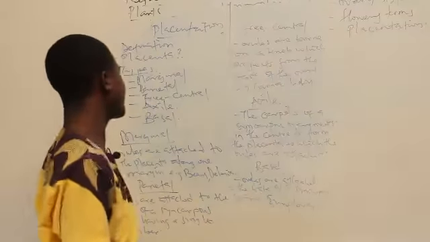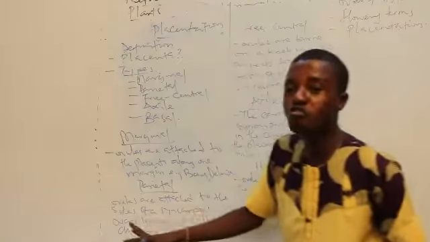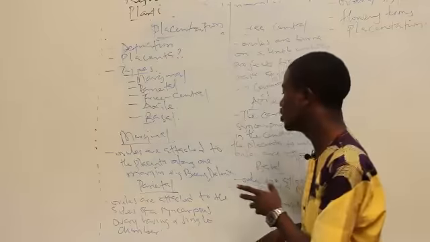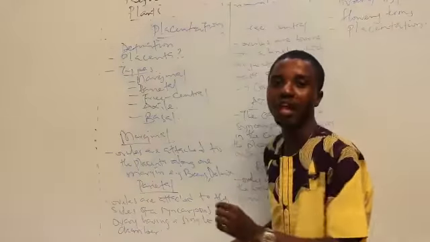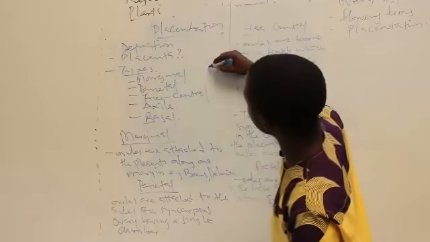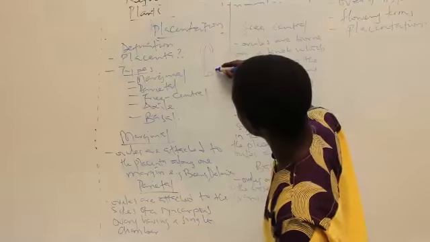Now, what is marginal placentation? For marginal placentation, the ovules are attached to the placenta along one margin. Basically you have a structure that is something like this.